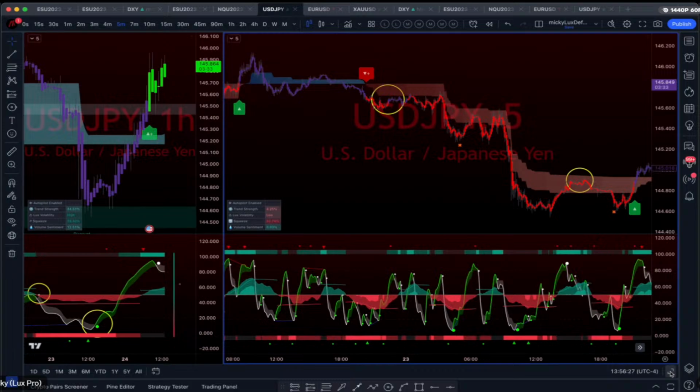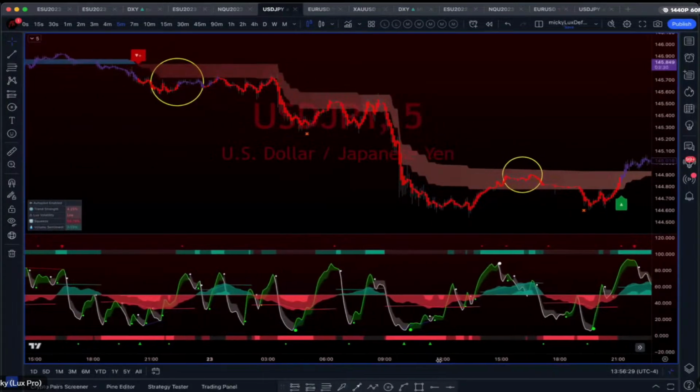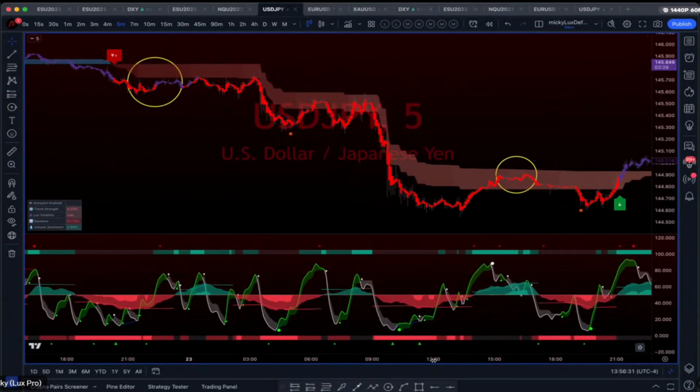Let's enlarge this chart. Okay. These two yellow circles represent the higher time frame of 1 hour matrix turning points. Okay.